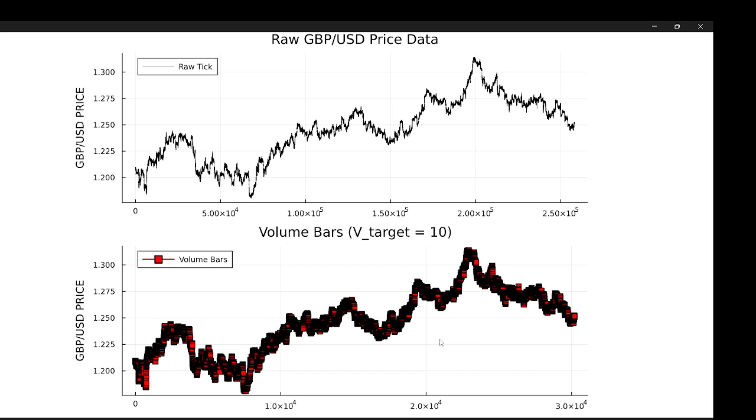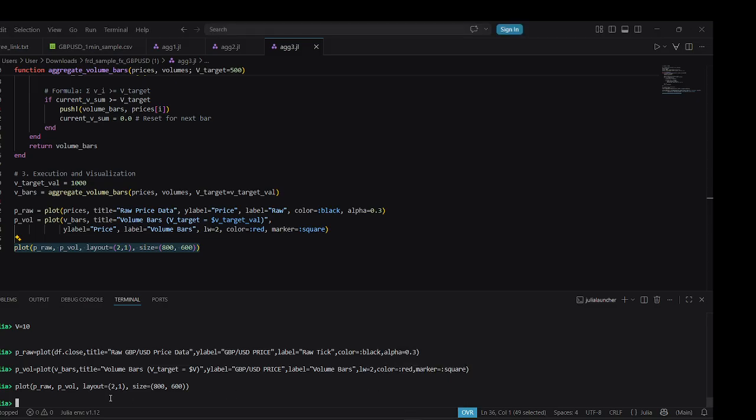As you can see, it's much more finer, much more dynamic.